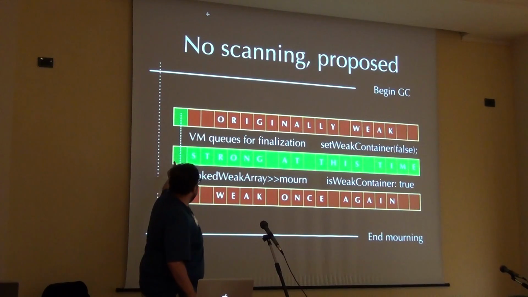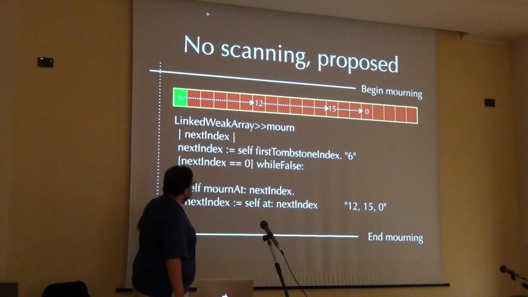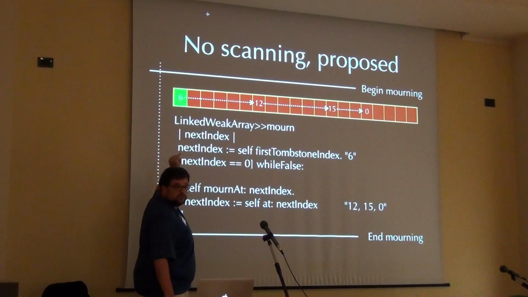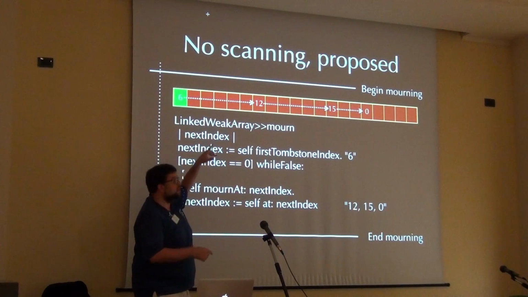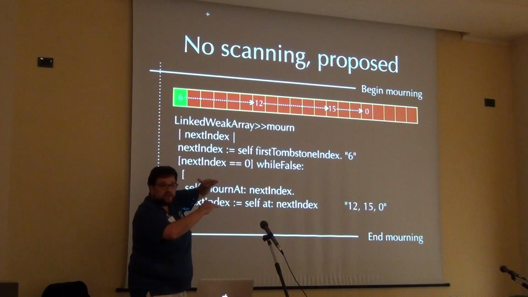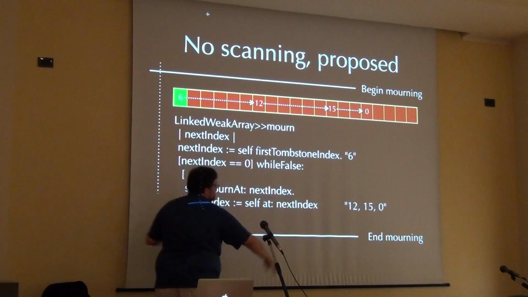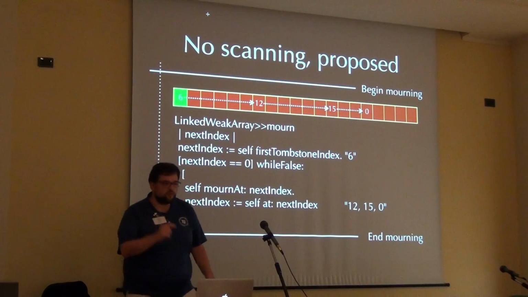Now, you could say that if you got this to happen and you got a garbage collector interrupting you here, you might get into a situation where this weak array gets queued for mourning once, and before it actually mourns, you get another garbage collection pass that stops over all your linked list. So how do you stop that data race?